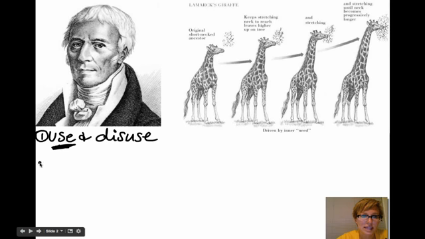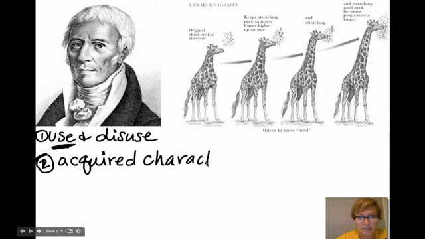So his second idea, that should be a 2, is that acquired characteristics can be inherited.